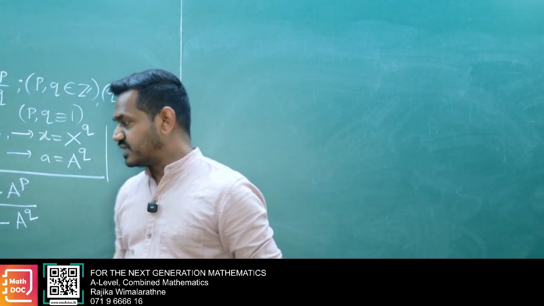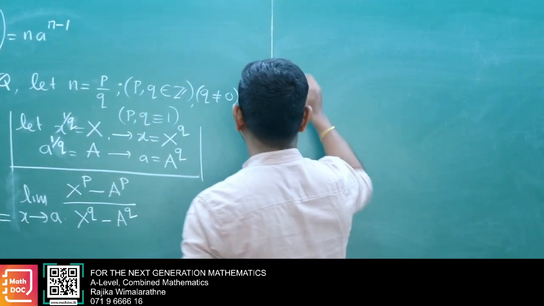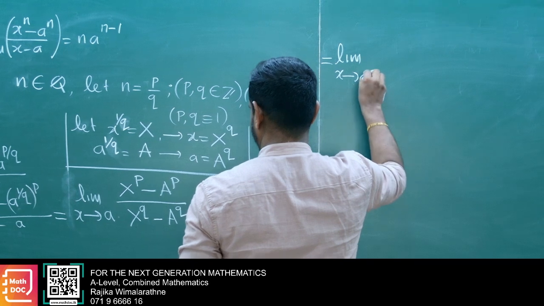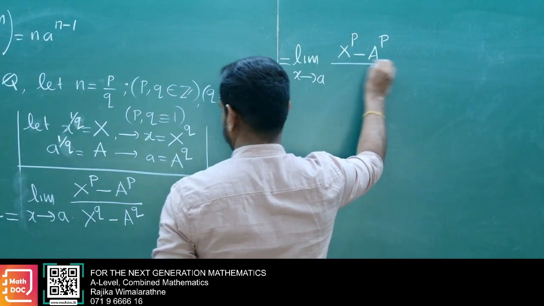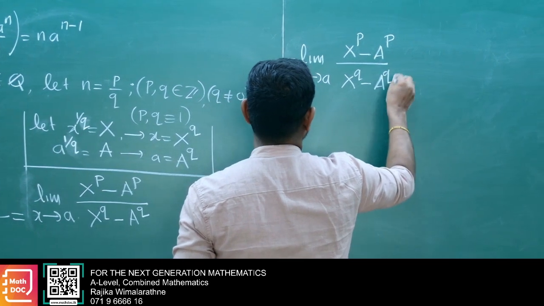Okay, I'll go a little further. Check this. Now, up to now we have limit x goes to a, capital X to the power p minus capital A to the power p over capital X to the power q minus capital A to the power q.